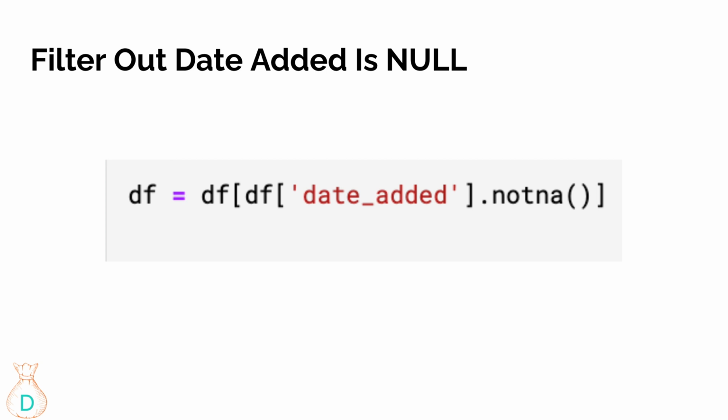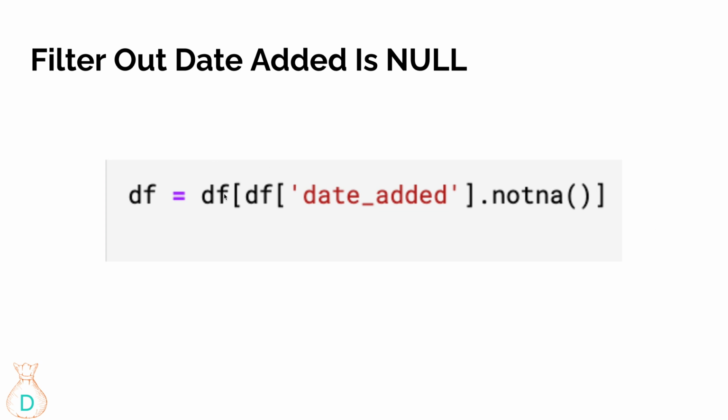First thing we're going to do is filter out where date added is null. Here df stands for data frame, which is the data set I just showed you, and we're going to overwrite the data frame itself. Instead of calling it a different name, we're just going to override it. That's why we're doing df equals, and then the manipulation.